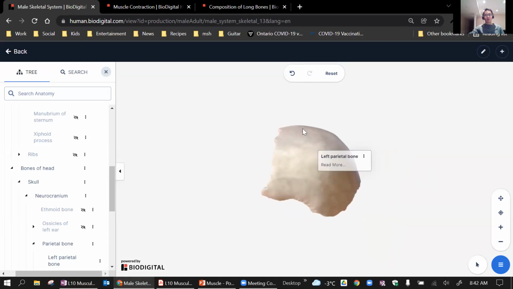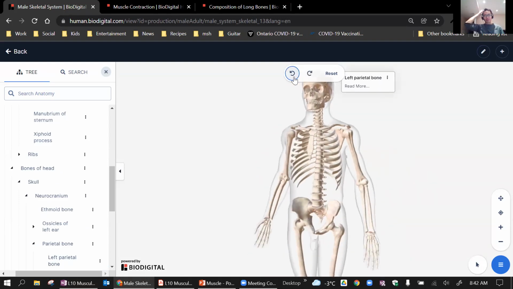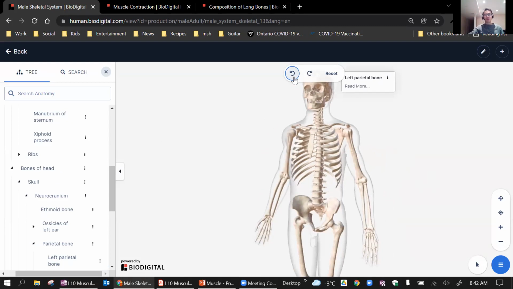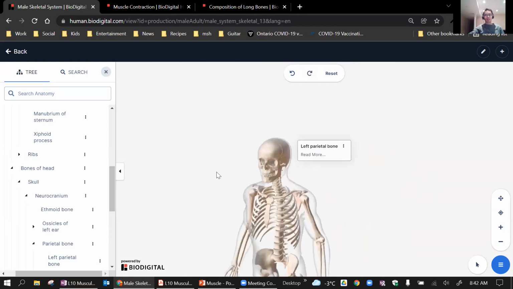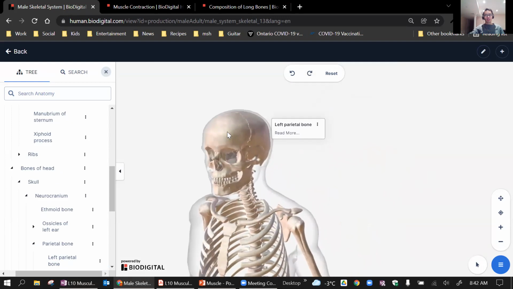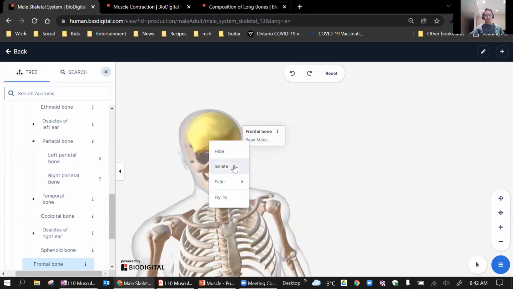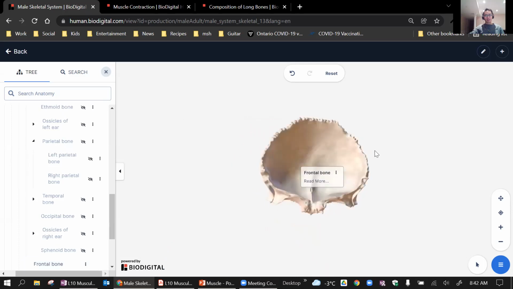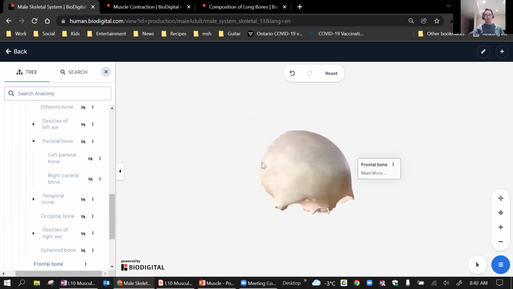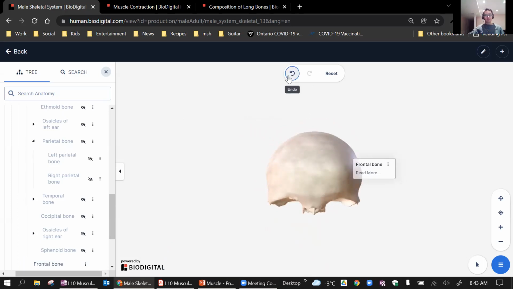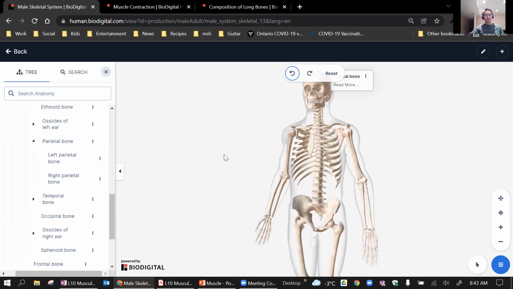That's a parietal bone, right here, covering your parietal lobe. And you can choose another one if you want. This one here, frontal, is also pretty flat. It's kind of like a semicircle, but flat as in a big flat surface, so those would be good.